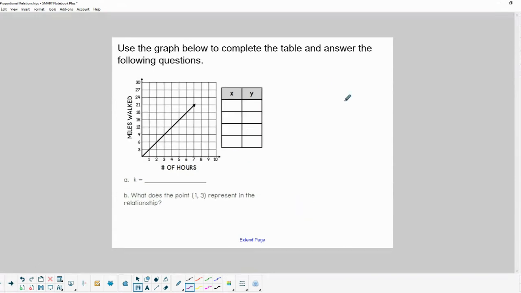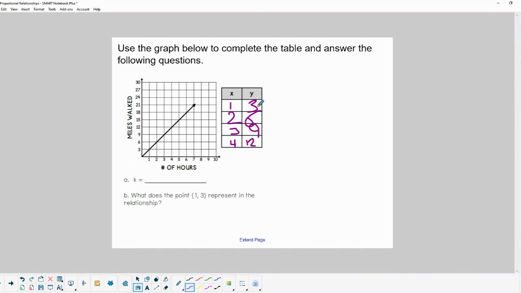We've got another one. This time the graph is connected, and so it's considered a continuous graph, but we still use the same method to solve it. So first of all, we've got over 1 hour up 3 miles walked. For every one, we got 3 miles. 2 and 6. 3 and 9. 4 and 12.